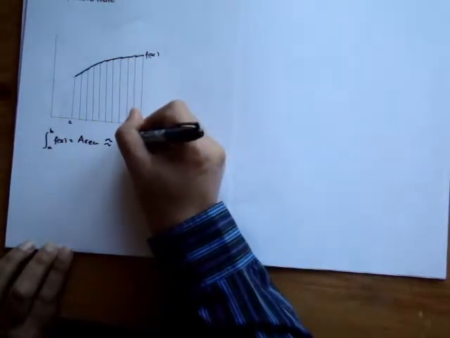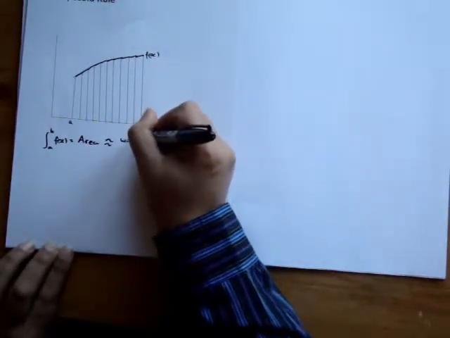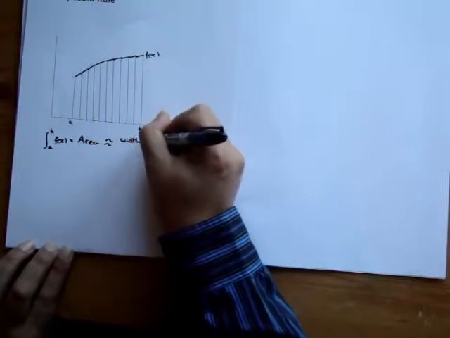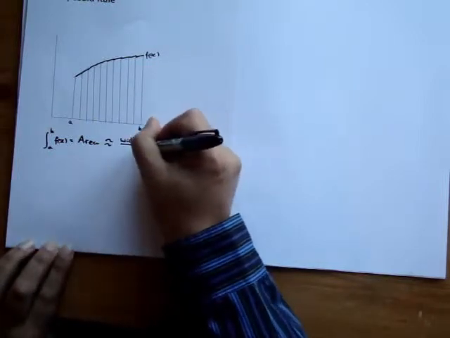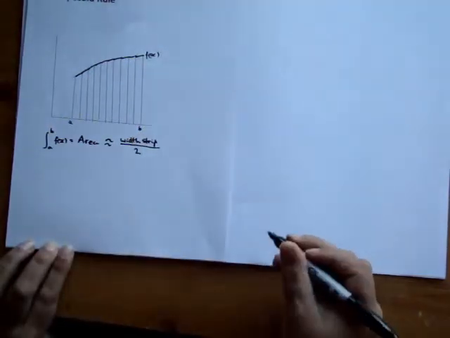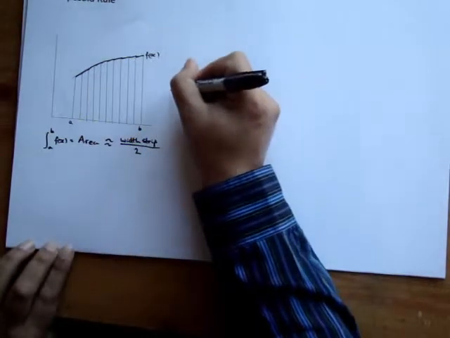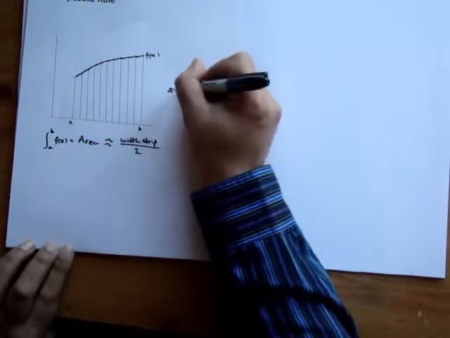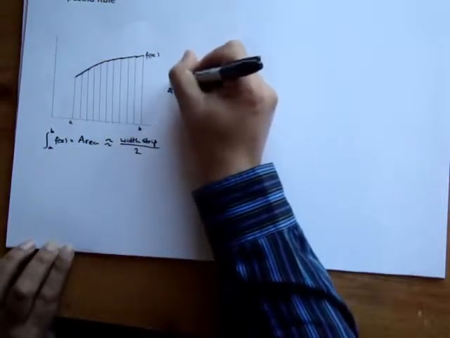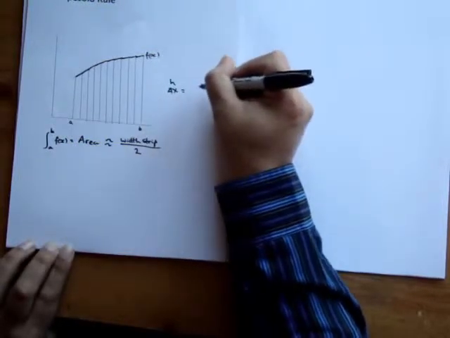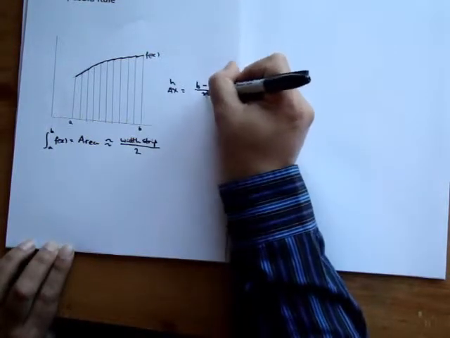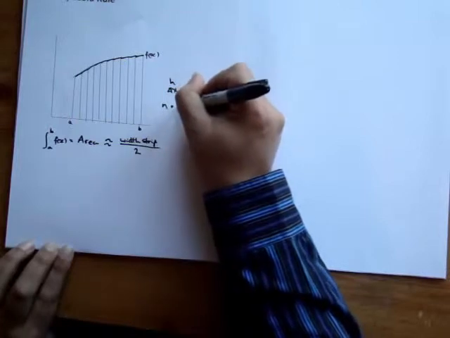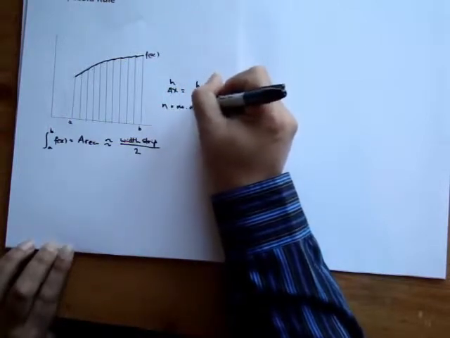So we have the width of the strip, and we divide that by 2. The width of the strip is given by delta x, or h, sometimes called h in some textbooks, is b minus a over n, where n is the number of strips.